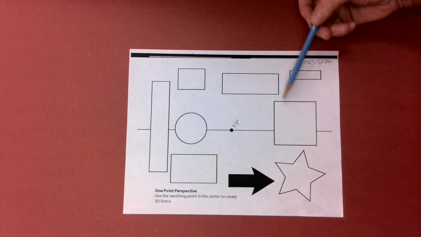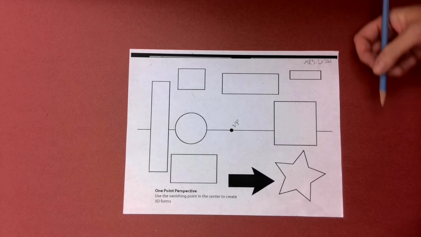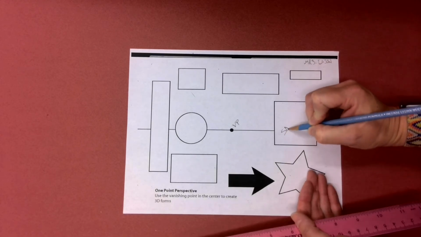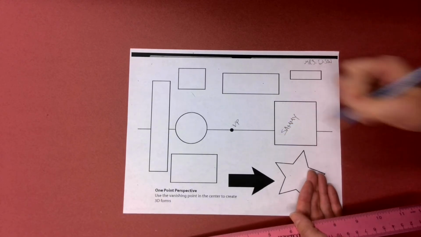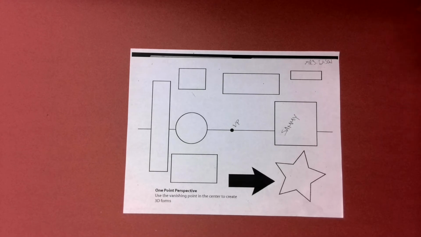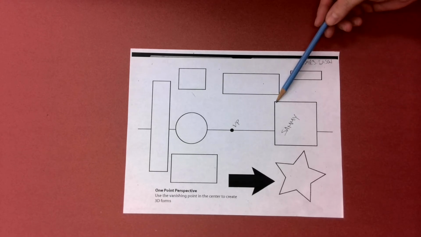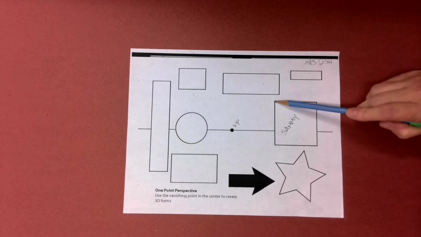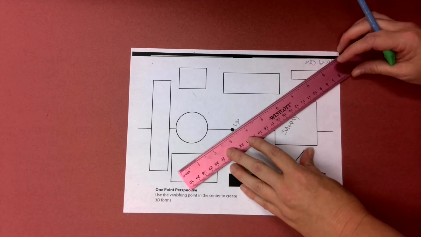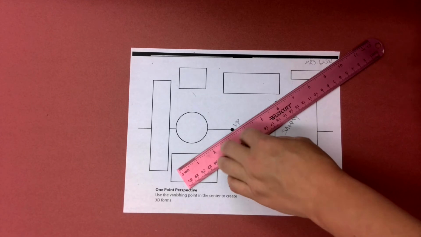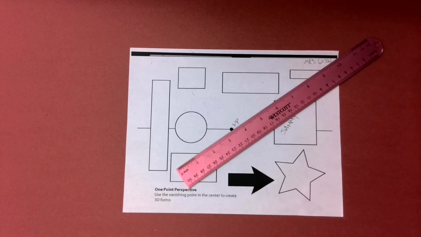So we'll take this square to begin with. We'll call the square Sammy. All right. And so what we're going to do is we're going to start at the corner. Each corner we're going to go through. We're going to put our ruler on that corner and the ruler on the other side of the vanishing point. We're going to ask ourselves a question then.